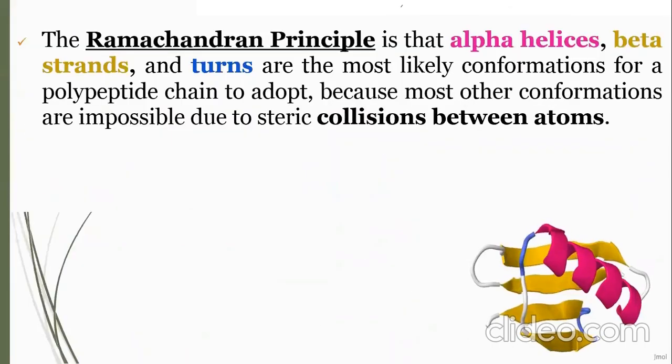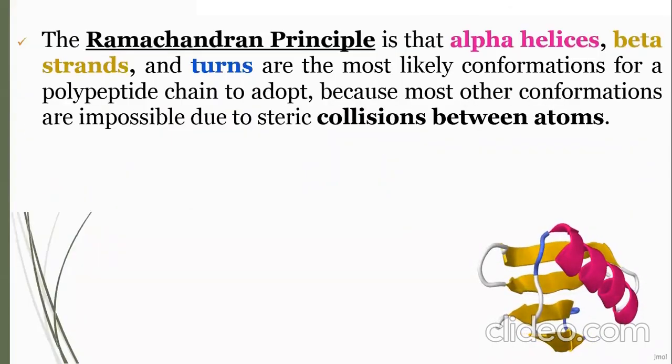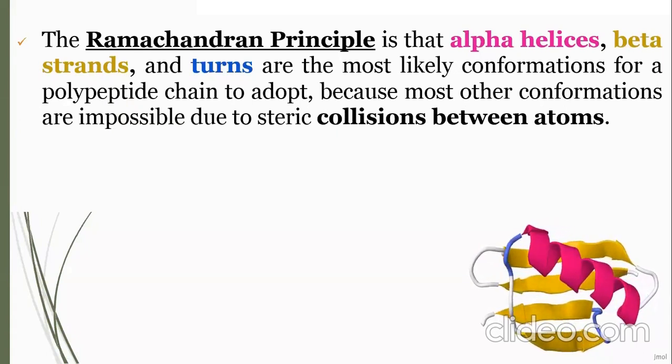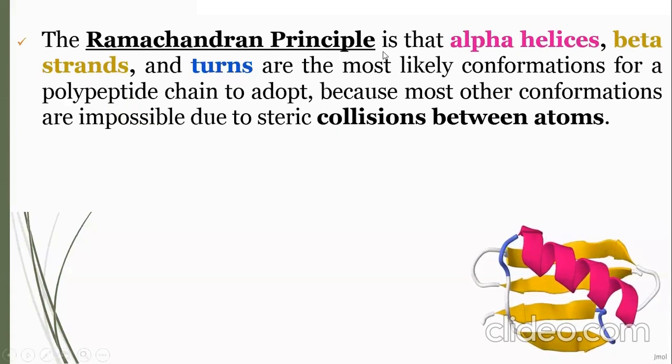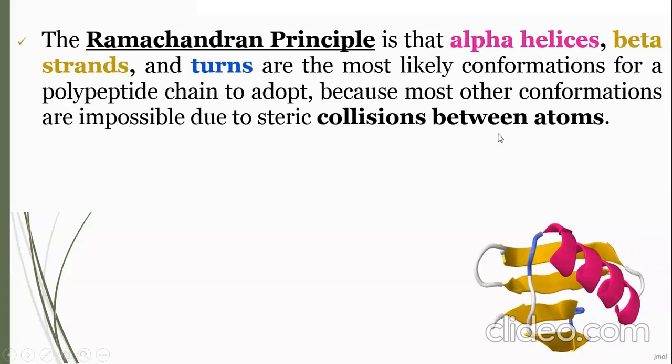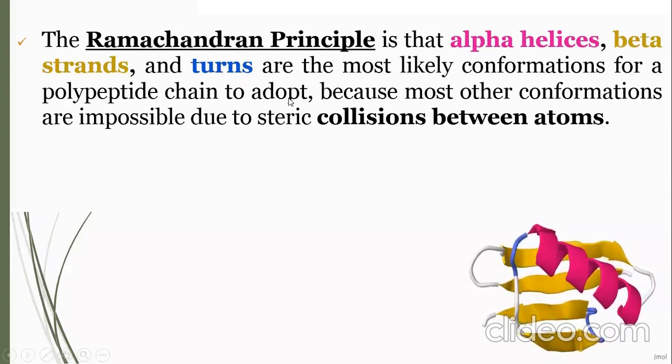And from now, if our basics are a bit more mature, we are going towards the Ramachandran principle. Alpha helices, beta sheets and turns are almost the likely conformations for a polypeptide chain to adopt.